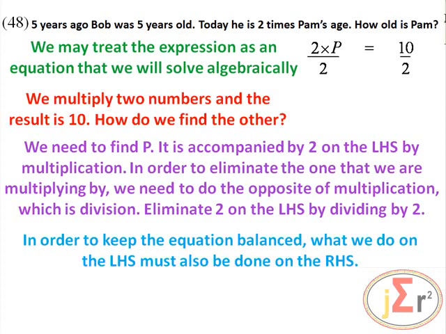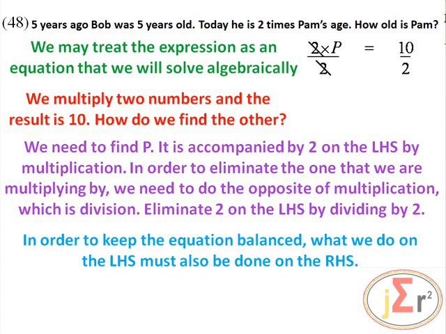After doing it on the left hand side, we cannot just arrive at our answer like that. We have to do the same thing to the other side in order that the equation will remain balanced. So in order to keep the equation balanced, what we do on the left hand side must also be done on the right hand side.